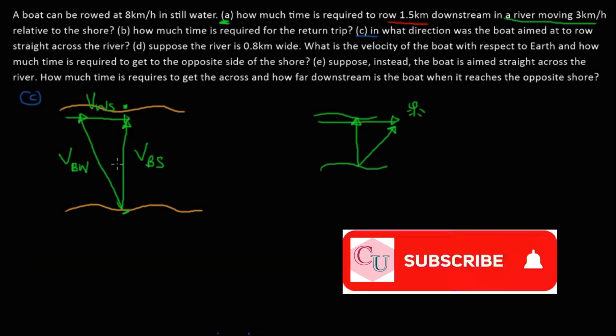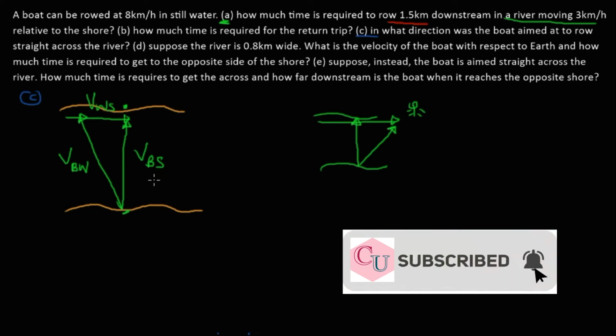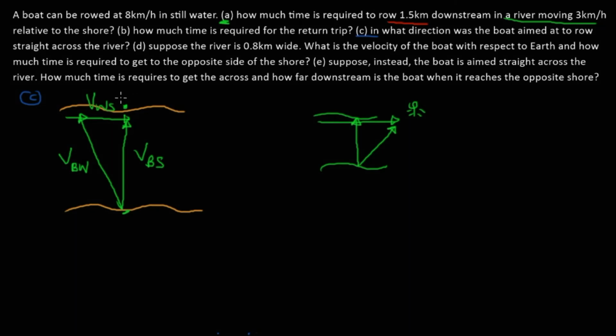So eventually I have a right angle triangle. The velocity of this has already been given in the question as 3 kilometer per hour, and the velocity of the boat relative to the water has already been given as 8. So we are here to find this.